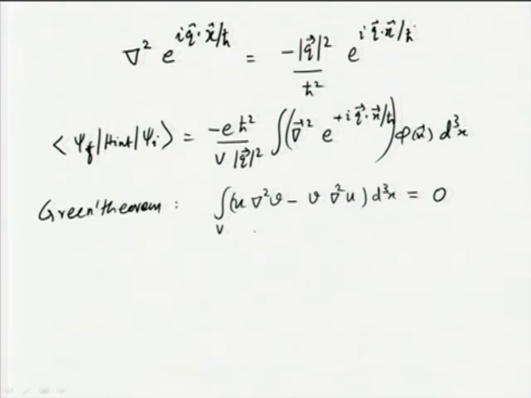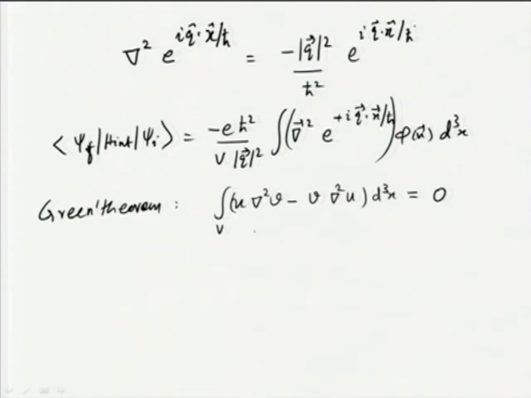So, look at the earlier expression for the probability amplitude. We have an integral of exponential i q dot x over h cross with del square. So, u can be thought of as exponential i q dot x over h cross, and v can be thought of as phi x.